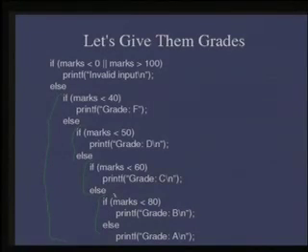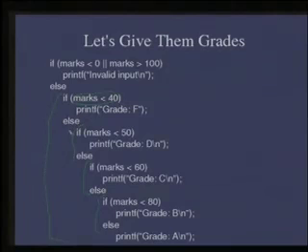Also note that while execution, when we assign the grade D, we have checked that the marks are less than 50, but we haven't checked whether the marks are more than 40 or not. This is because we'll execute this statement only if this condition, marks less than 40, is false. That's because this is in the else part of the if-else statement whose condition is marks less than 40.